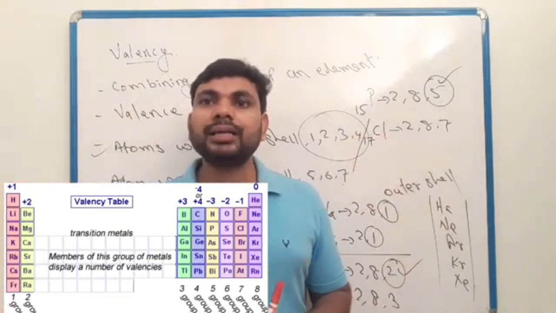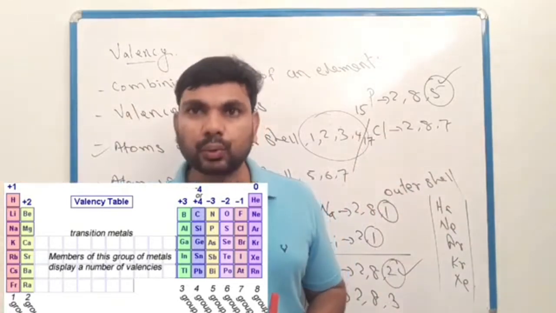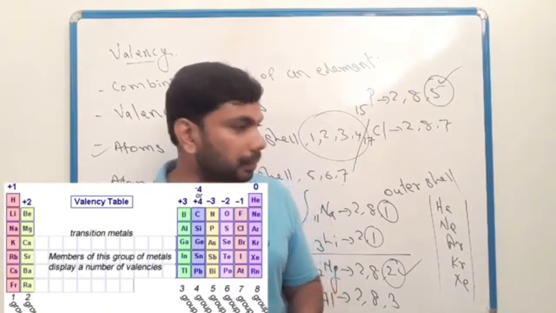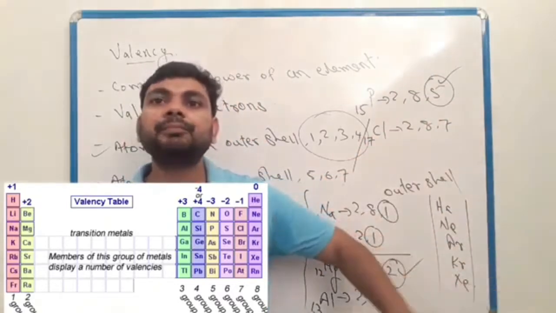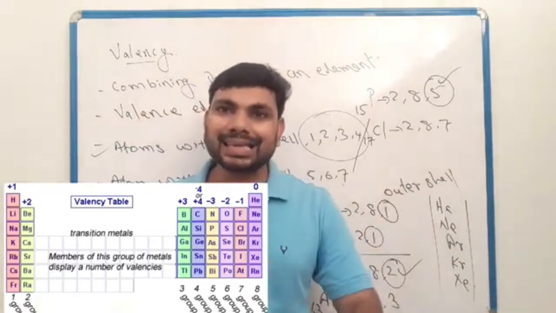That's why their valency is 0. So remember, the last group, group 0 or group 8 elements, have valency 0.